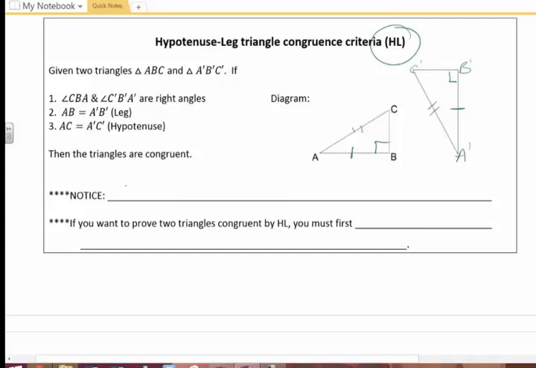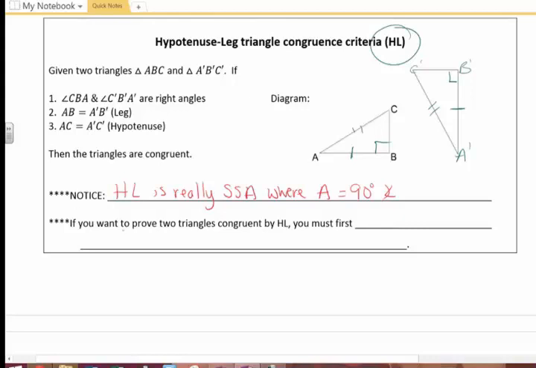So what we want you to notice is that HL is really SSA, where the A is a 90-degree angle. All right, so HL is really when you get stuck with an SSA, but if your A is a right angle, you can call it HL.